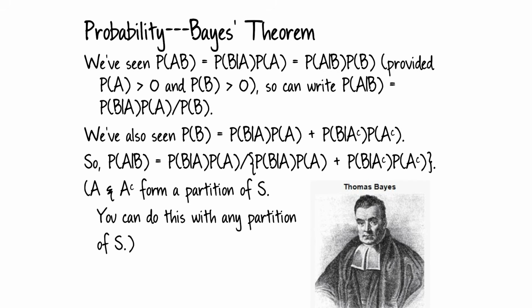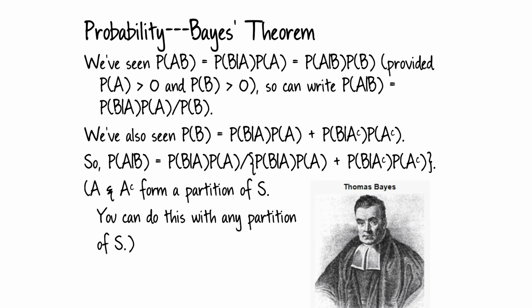So we've seen that the probability of the intersection of A and B is equal to the probability of B conditional on A times the probability of A. That's just the definition of conditional probability. Alternatively, we could also write that as the probability of A conditional on B times the probability of B. Again, just the definition of conditional probability, provided both A and B have positive probabilities.